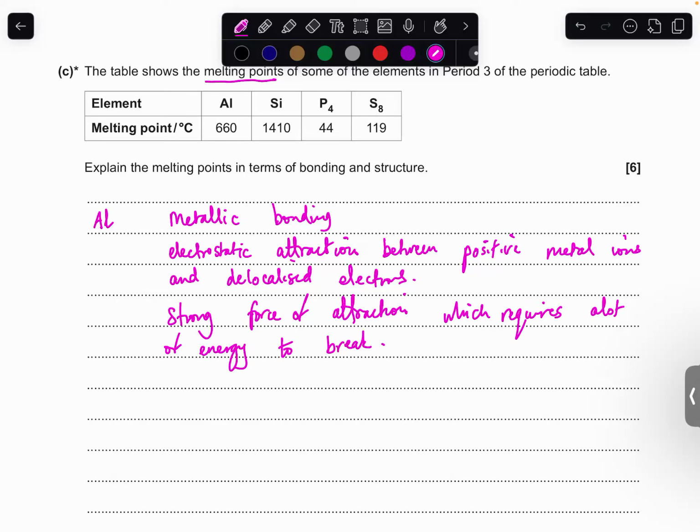These are the main points for aluminium. For silicon, I should have mentioned here, metallic bonding is a giant structure, giant, because you've got a continuous arrangement of the particles in its structure. Silicon is a giant covalent structure.